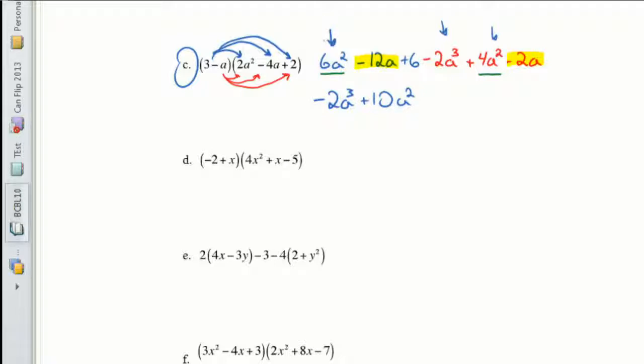Then if I have any a's, so I have negative 2 and negative 12. So I have negative 14a. So that gets rid of these guys. And then I have this just lonely little plus 6 here. So I've expanded and simplified, and that is what I ended up with.